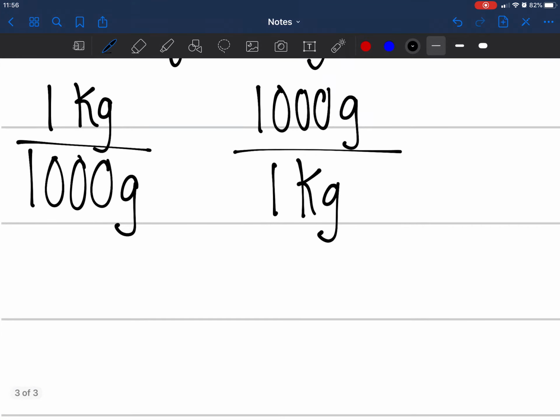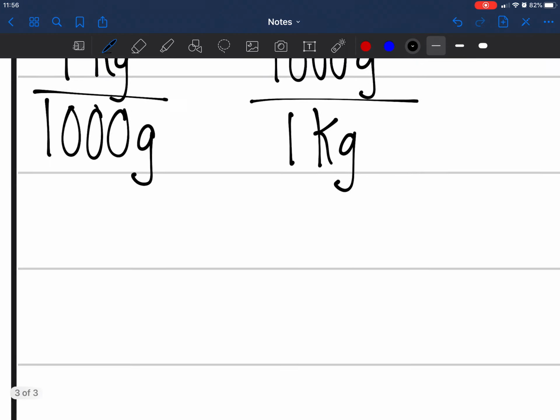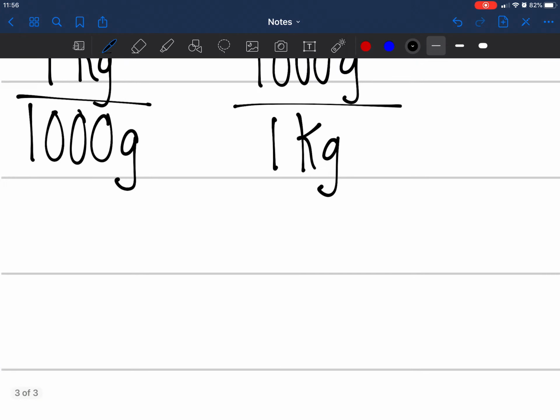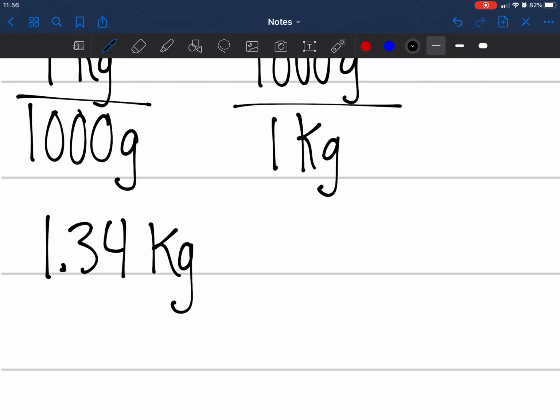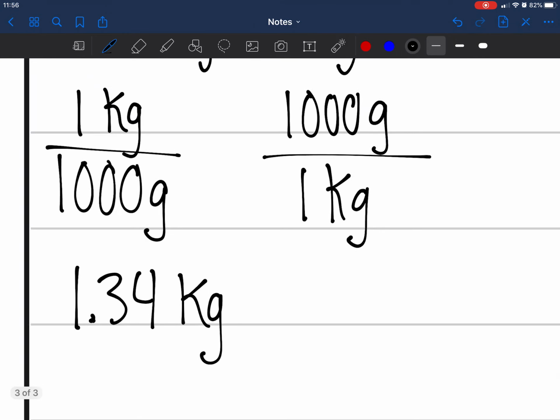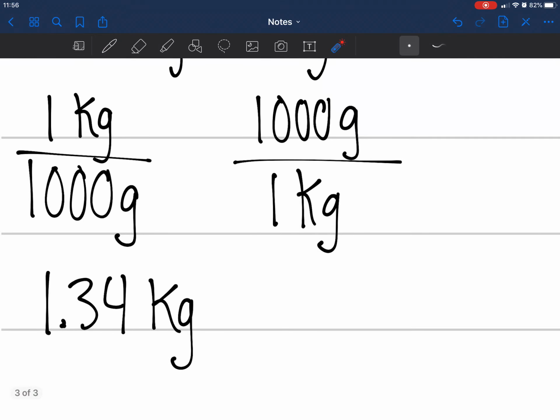This type of setup, with conversion factors, you select between them depending on what you're trying to calculate. So if I want to convert 1.34 kilograms to grams, I would choose this conversion factor.